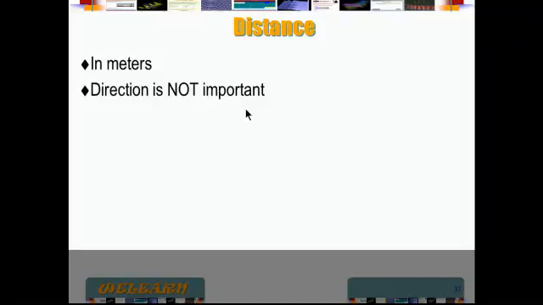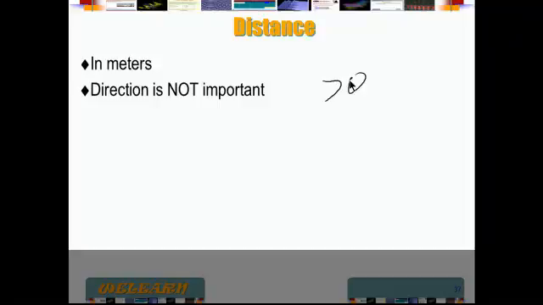Distance, on the other hand, is not a vector. It is in meters. The direction is not important. Distance does not have a direction at all associated with it. It is always positive. As we progress through this model, you'll figure out that actually we will not use distance quite a bit.